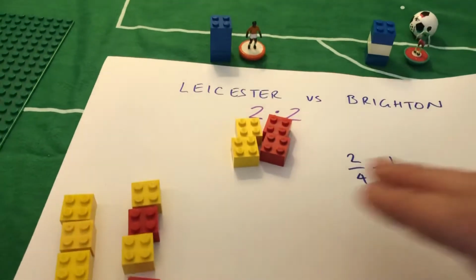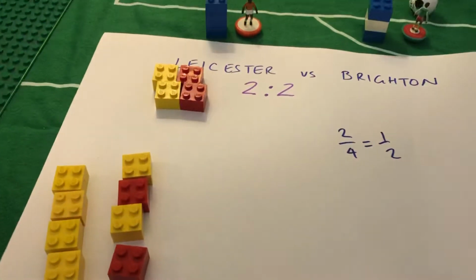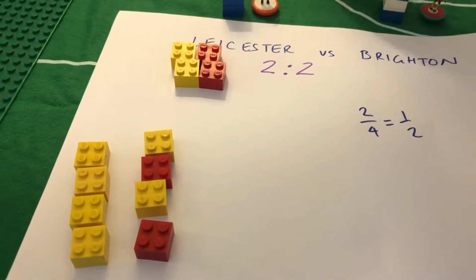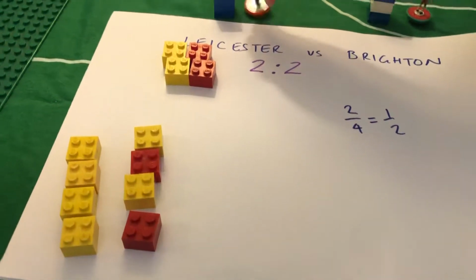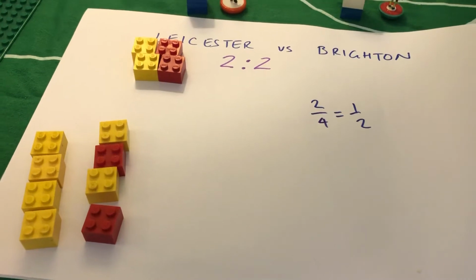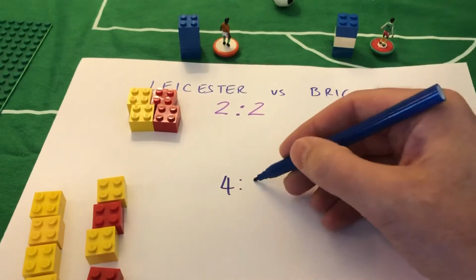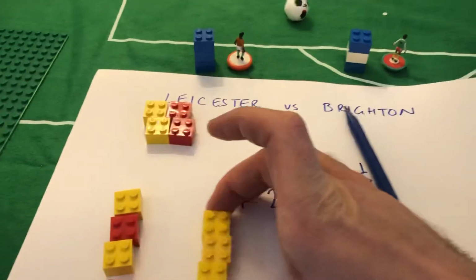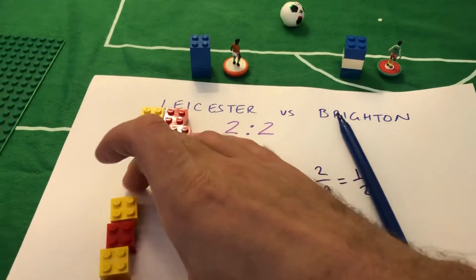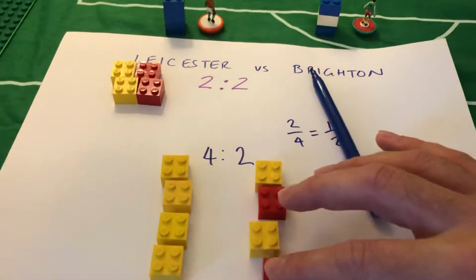If we then move to the penalties, because after a game that ends in a draw, they have to go to extra time and then penalties. The score there, unfortunately, Leicester won. What was the score? It was 4-2. So Leicester got 4 goals, if we use the yellow there to show a goal, and unfortunately Brighton only scored 2 out of their 4.